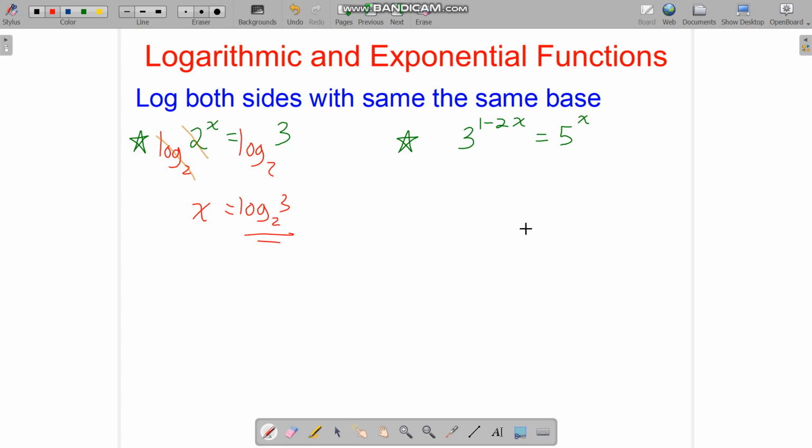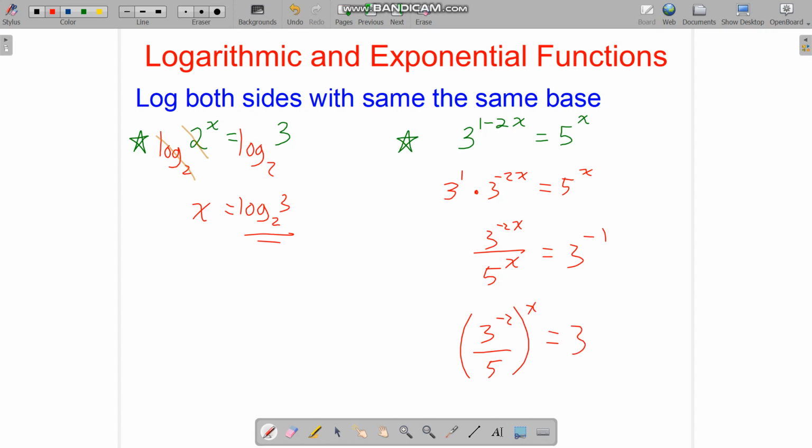And here there are many ways to do this, but I think the best way is to first split this power: 3 to the power of 1 times 3 to the power of minus 2x equals 5 to the power of x, which means we have 3 to the power of minus 2x over 5 to the power of x equals 3 to the power of minus 1, and this means we have 3 to the power of minus 2 over 5, all to the power of x, equals 3 to the power of minus 1.